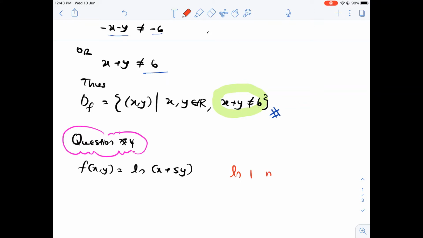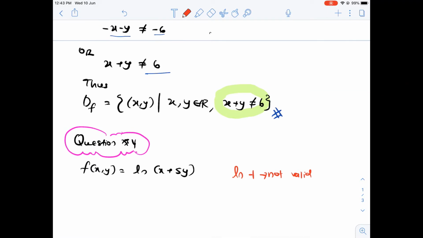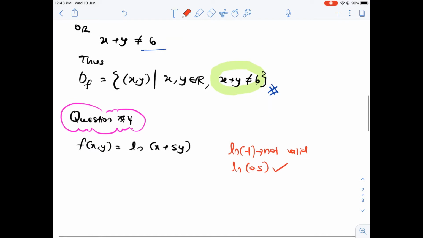This is not valid. Ln negative 1, this is not valid if you use your calculator. And if you put ln 0.5, yes, valid. Ln 1 equals 0, right? So yes, valid. But for ln, it cannot be a negative number.